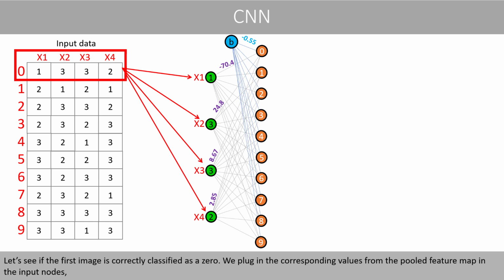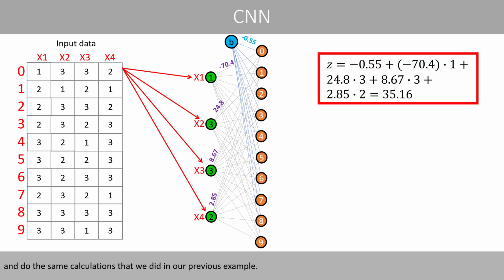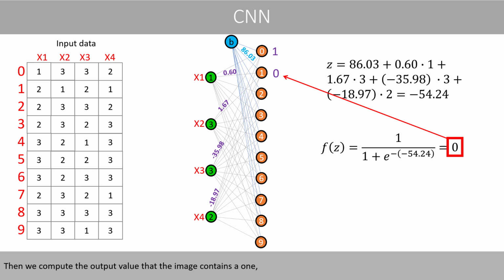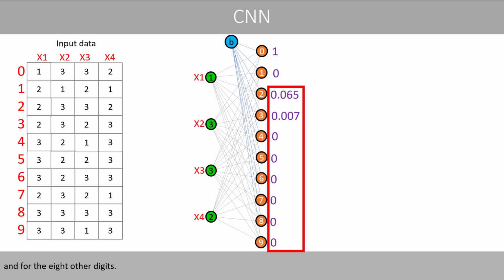We plug in the corresponding values from the pooled feature map in the input nodes and do the same calculations that we did in our previous example. Let's place the output value here. Then we compute the output value that the image contains a 1, and for the 8 other digits.